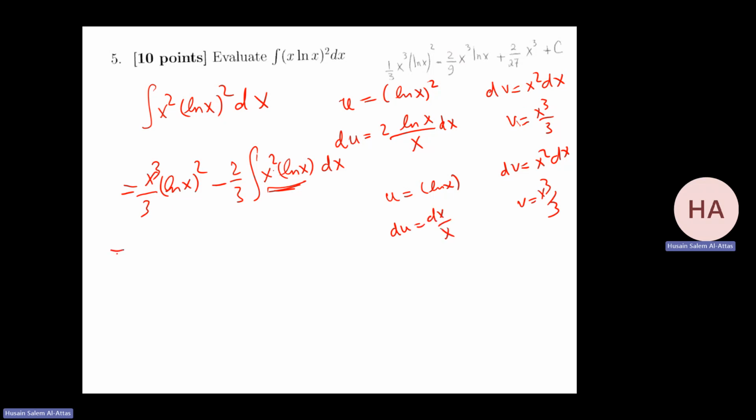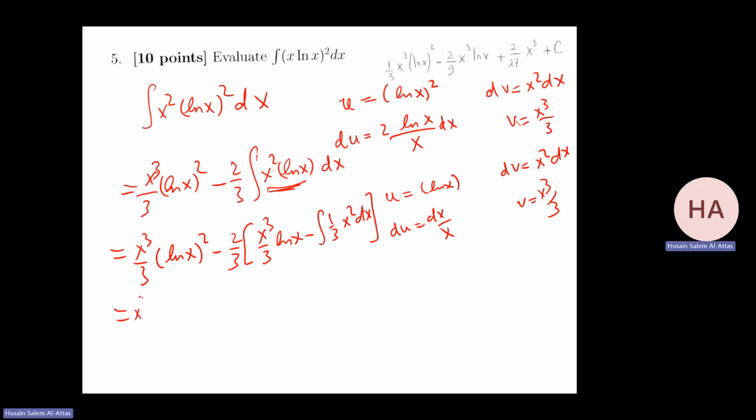That will be x cubed over 3 ln x all squared, minus 2 over 3 times what? x cubed over 3 ln x, minus the integral of 1 over 3 x squared dx.